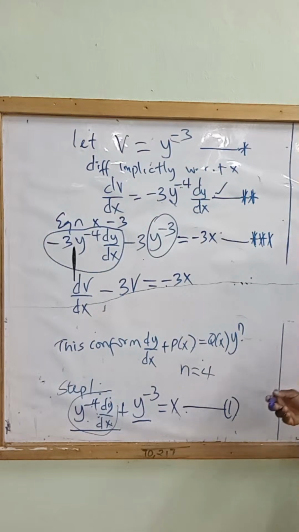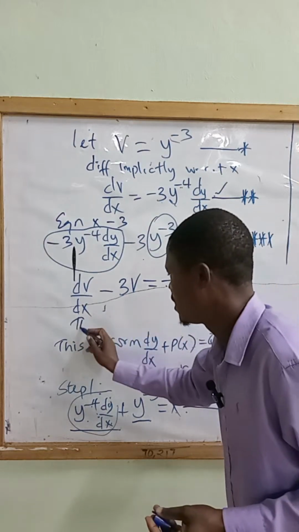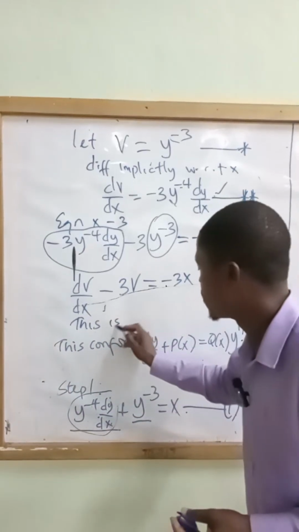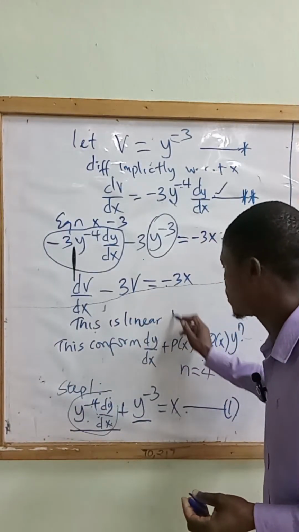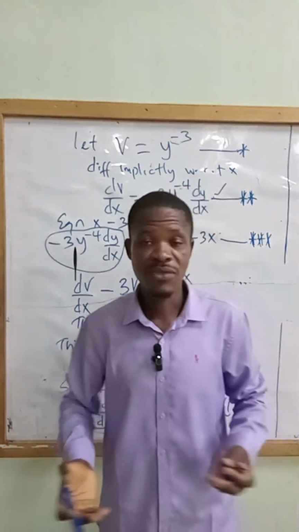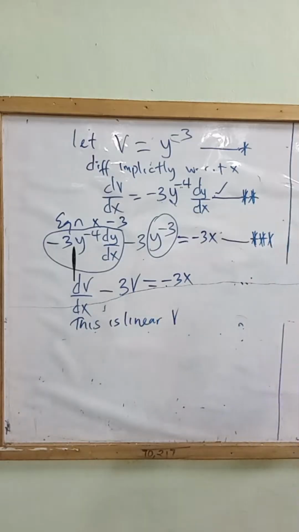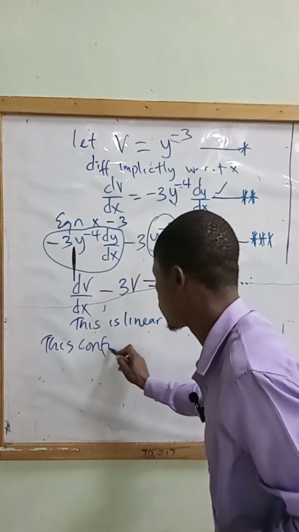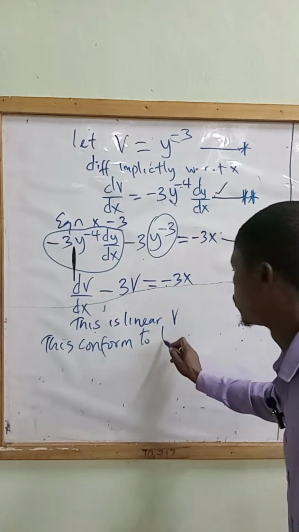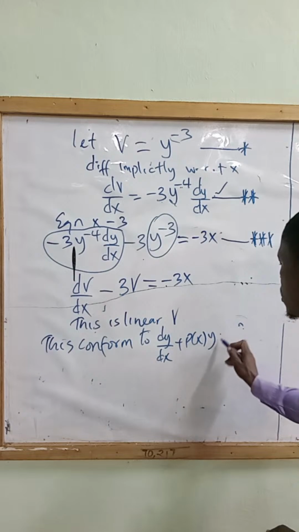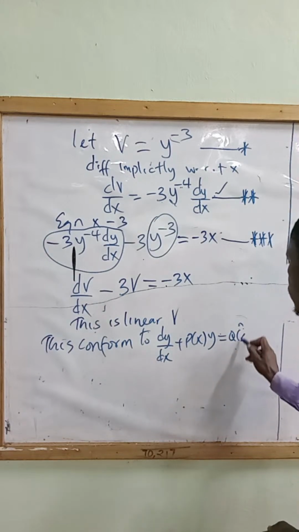So in this case now, this equation is linear in v. And once it's linear in v, then we solve it as a linear differential equation. This conforms to dy/dx plus p of x y equal to q of x.